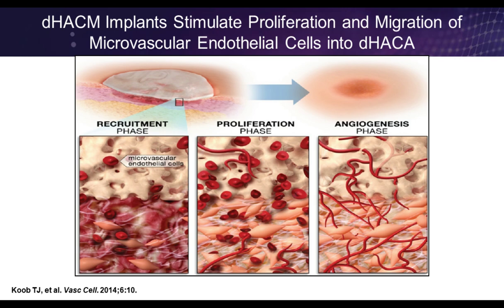They begin to proliferate again in response to the additional growth factors that are present in the amnion membrane. And finally, differentiation and movement, angiogenesis, creation of new capillaries at the interface between the wound bed and the amnion membrane, and eventually will stimulate new granulation tissue formation.